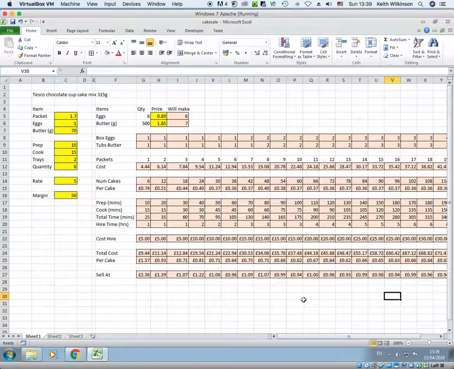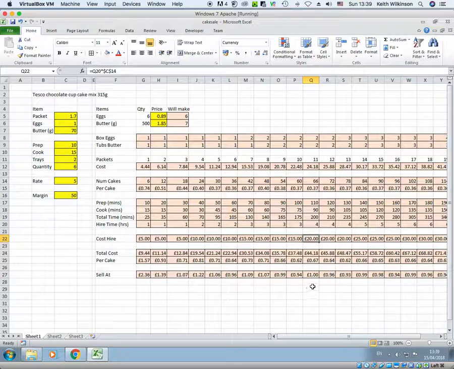So for example, if I want to get a 50% profit but sell my cake at £1, I know that I am going to have to have 11 packets, 2 tubs of butter, 2 boxes of eggs. I'm going to be spending 4 hours in the kitchen cooking it all up and spending £20 hiring.